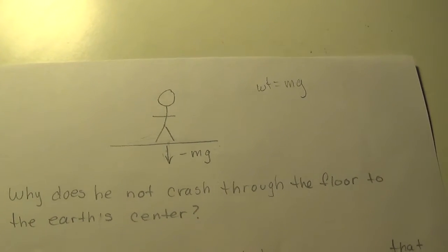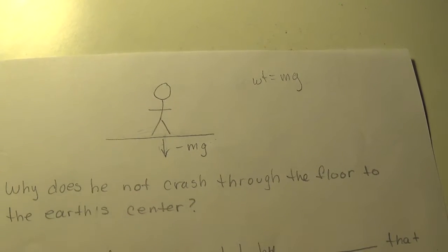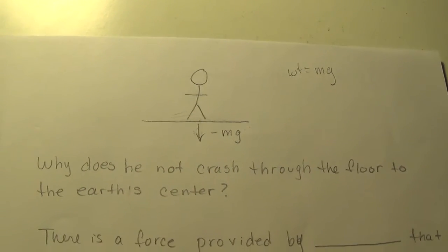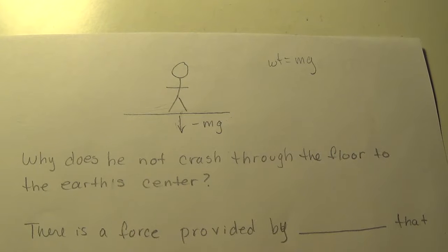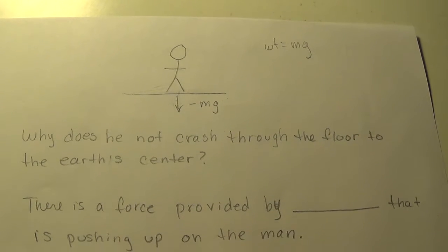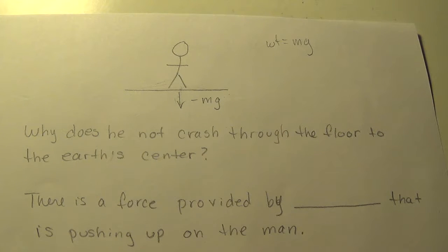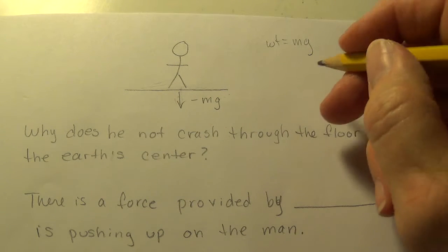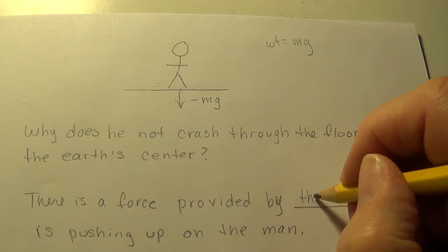Well, there is another force involved, and that's our force. Our attention is going to be on that force today. There is a force pushing up on the man. It is provided by the floor.